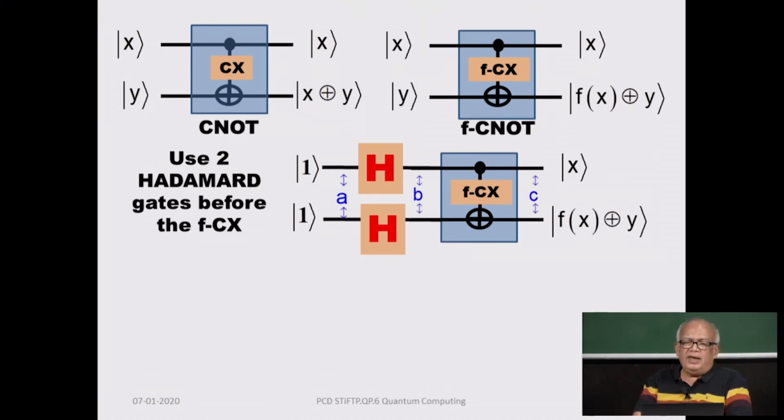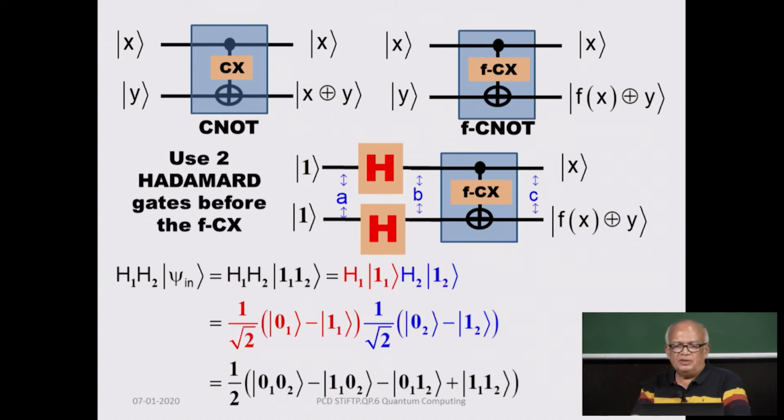Then ask yourself what will be the state before it enters the Hadamard. These are pure 1 states. Then the Hadamard is going to scramble those, and then it will be subjected to the function control NOT and the output will be x and f(x) XOR y. So, that is going to be your result.